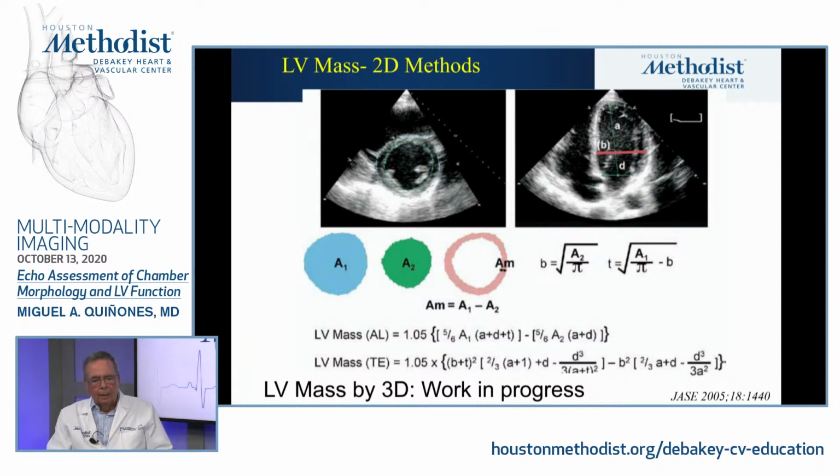Now, there is a kind of complicated 2D method to derive LV mass, which integrates the short axis and the apical views, 4-chamber, and requires extremely good quality images. And right now, it's not truly widely used in most labs. It's still more of a research tool.